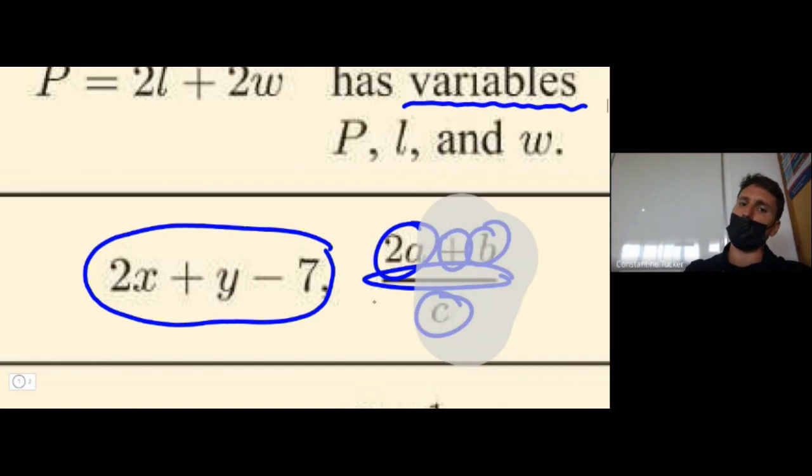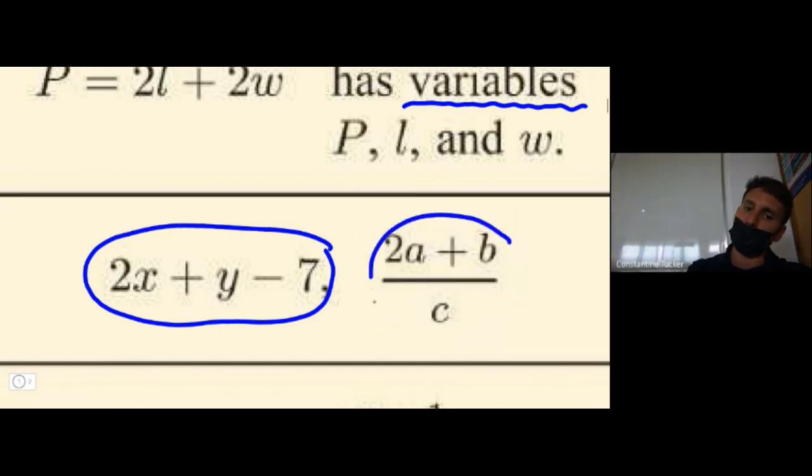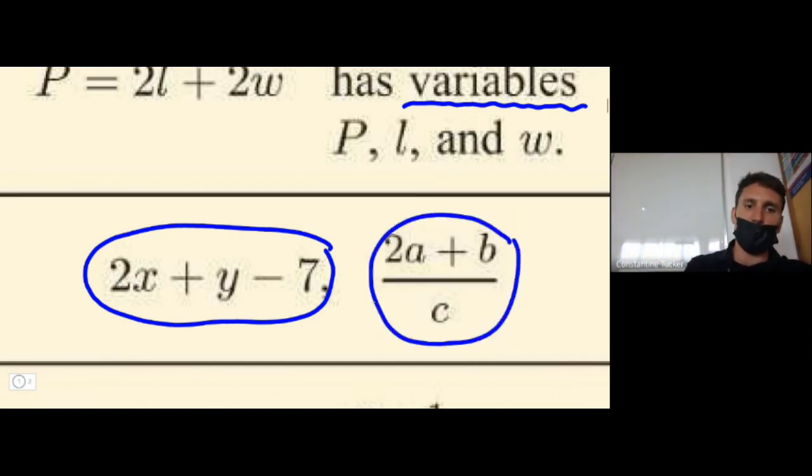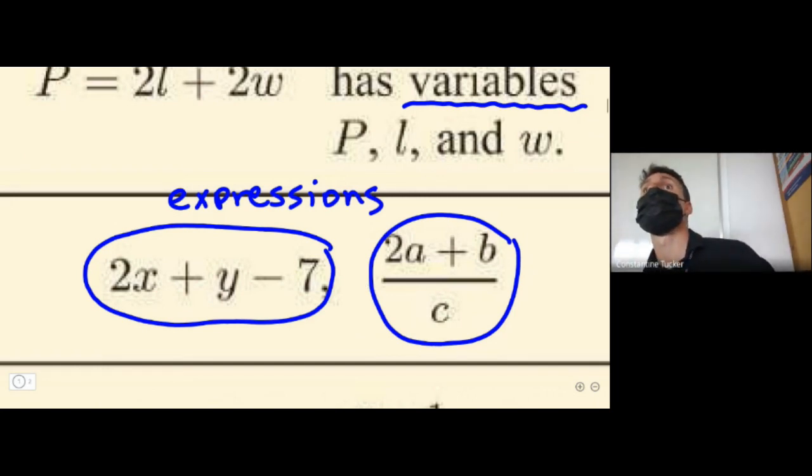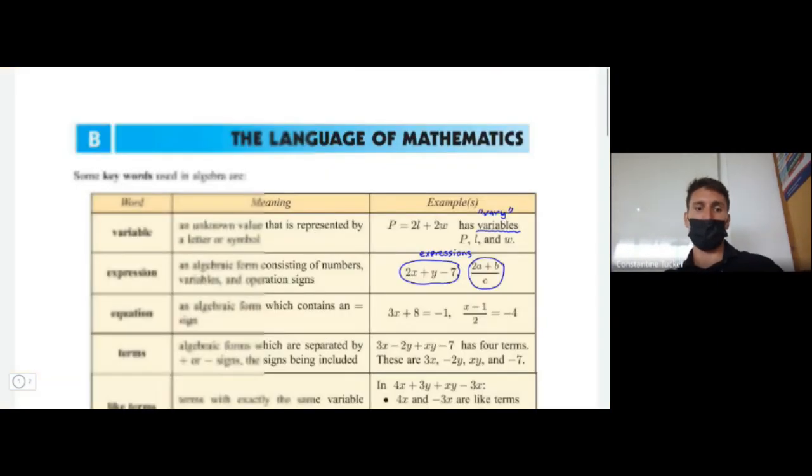So basically what we have here is another expression. Expressions are basically variables with pluses and minuses and times and division all grouped together. So we say this is an expression, this is another expression. Yes, so these are called expressions.